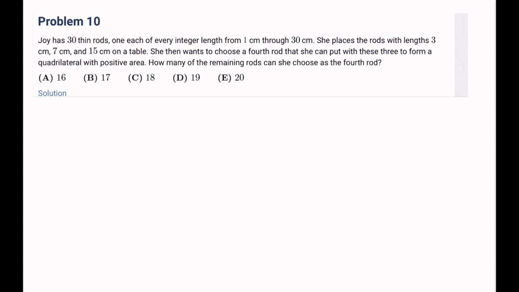Okay, so Joy has 30 rods, and she has 3, 7, and 15 already, right? And then she wants to choose a fourth rod, and so we need the lowest value of the fourth rod, the smallest length, the shortest length possible to make this positive area, and the longest length possible to make this a positive area, right?